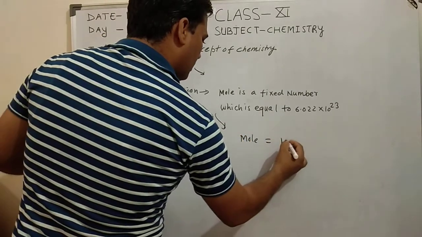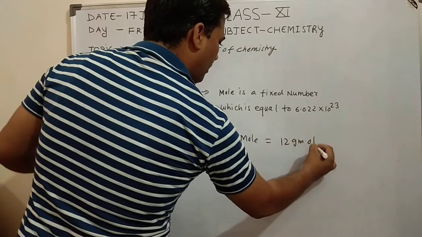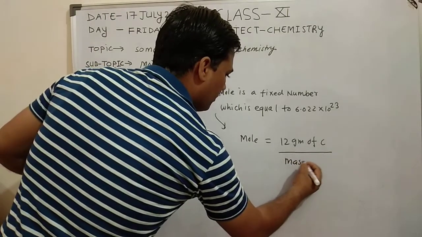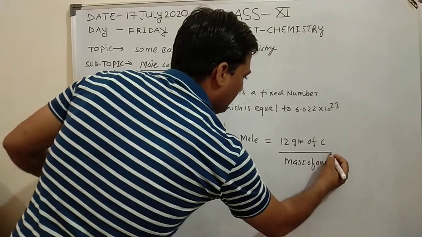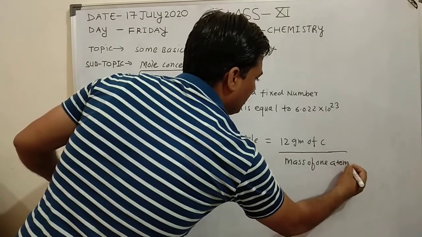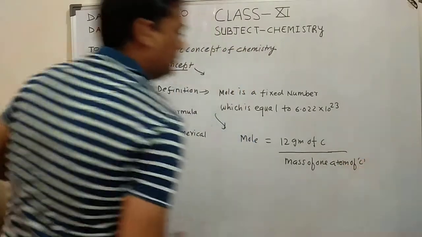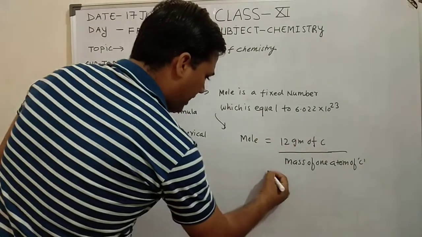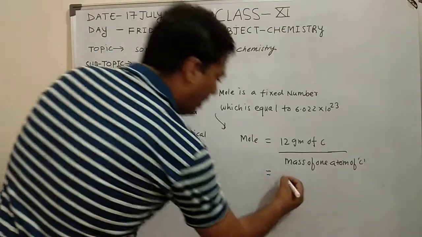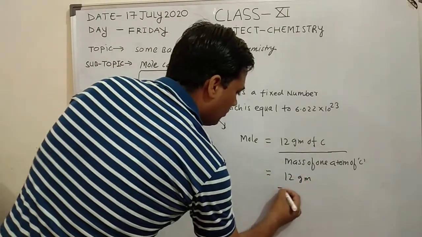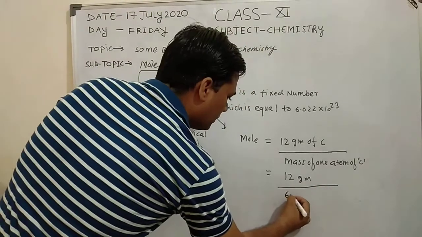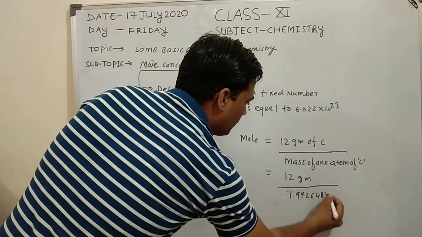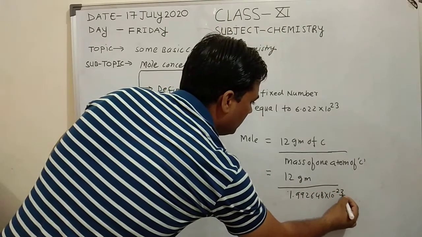What is the exact definition of mole? Mole is 12 gram of carbon divided by mass of 1 atom of carbon. So if we take 12 gram of carbon and divide by the mass of 1 atom of carbon, what is the mass of 1 atom of carbon? 1.992648 into 10 to the power minus 23 gram.